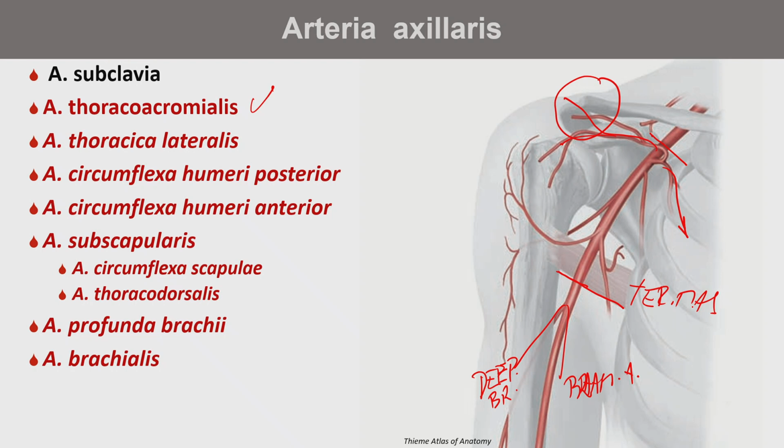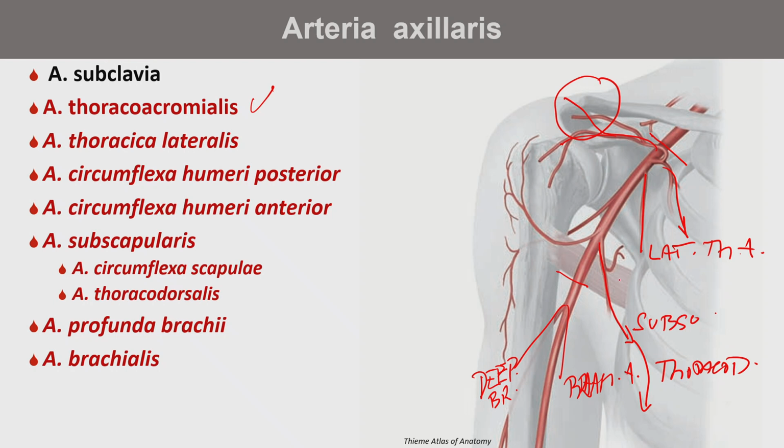And in between those origins, we can observe also the lateral thoracic artery, then this important subscapular, which is followed then to the thoracodorsal artery, and then those two arteries which are circumflex.